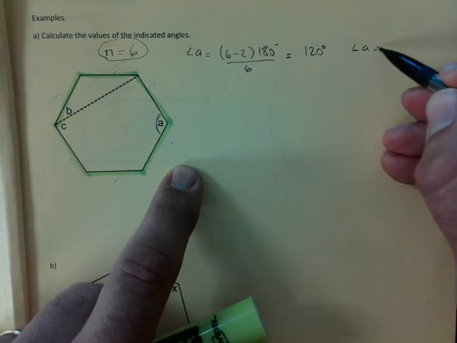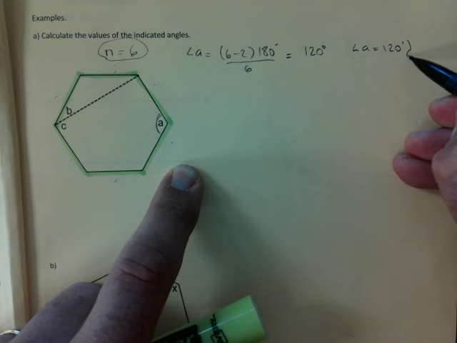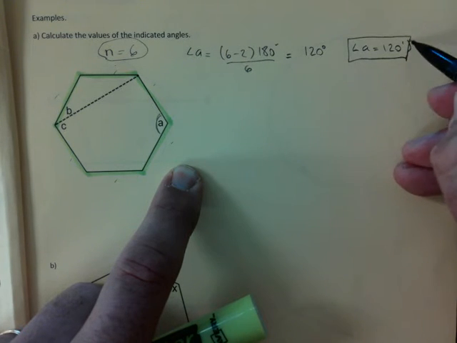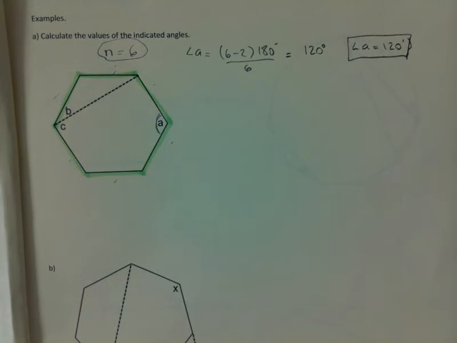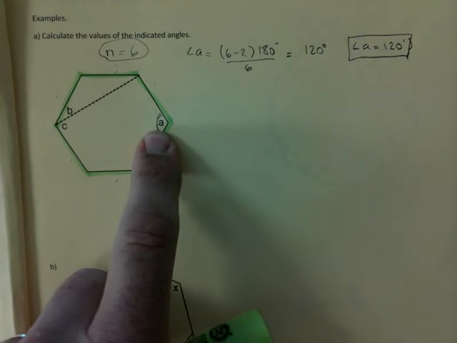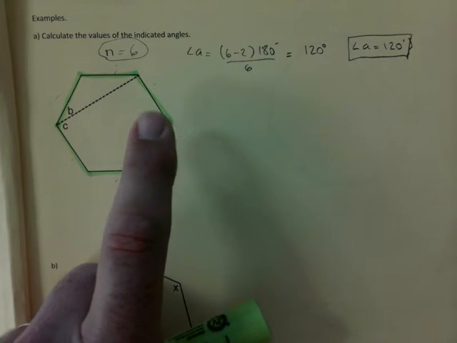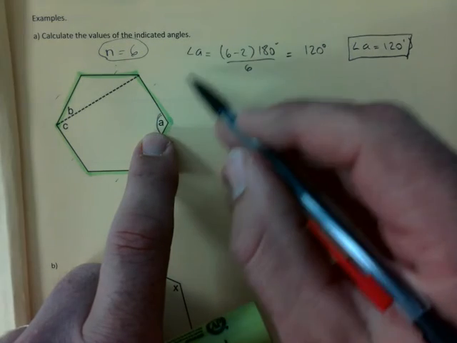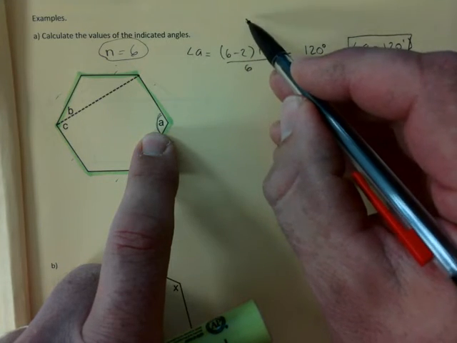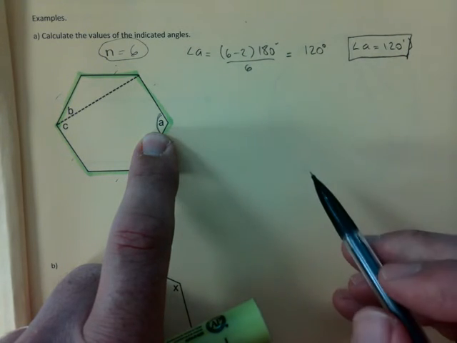So angle A is 120 degrees. We've got that covered. Just be careful that it's not always going to be called A, all right? This could be called X, Y, Z, B, L, M, N. You get it, right? But it happens to be the interior angle. I'm figuring that out.